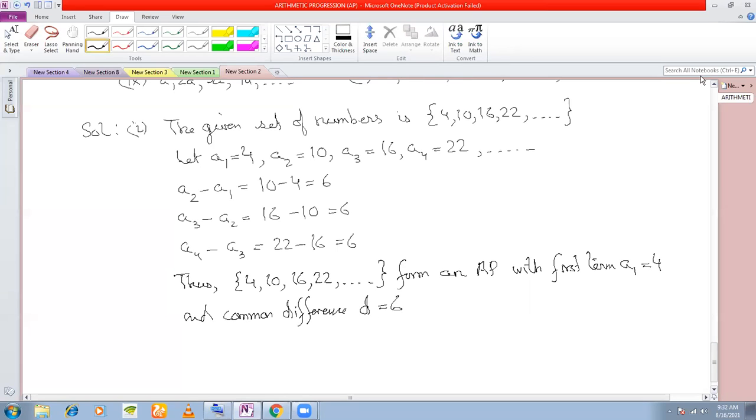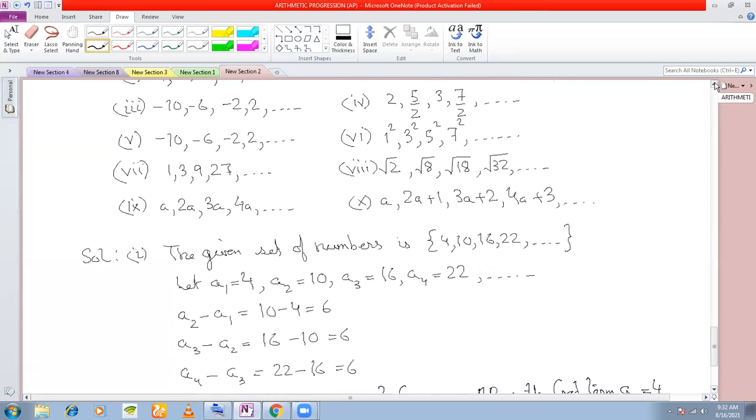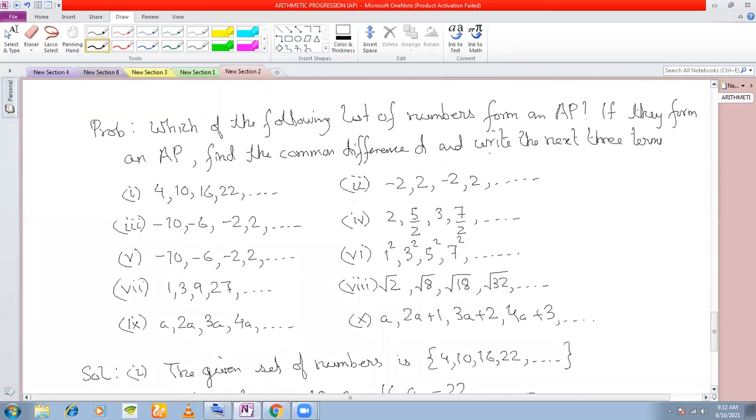Now, this is not the end of the question. Once we have shown that this is an AP, the next part of the question, if you see, states write the next 3 terms, right?